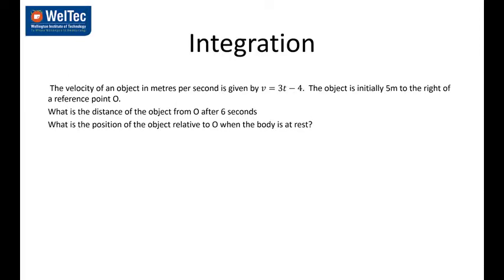Okay, we're given the velocity and asked to find the distance. So the distance function is the integral of the velocity function. So it's the integral of 3t minus 4.